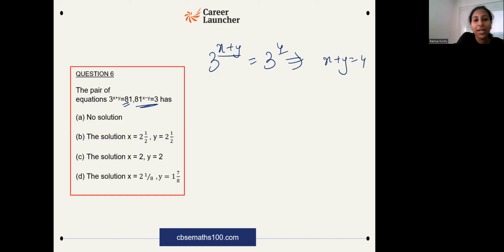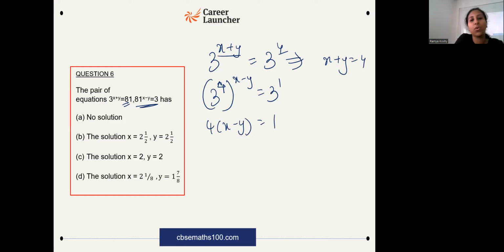Then here, 3 to the power 4 whole thing raised to x minus y is equal to 3 to the power 1. This means 4 into x minus y is equal to 1. Do you remember the exponent rules? a to the power m whole raised to n is a to the power mn, so you're multiplying the powers. You're getting 4 into x minus y is equal to 1, which means x minus y is equal to 1 by 4.